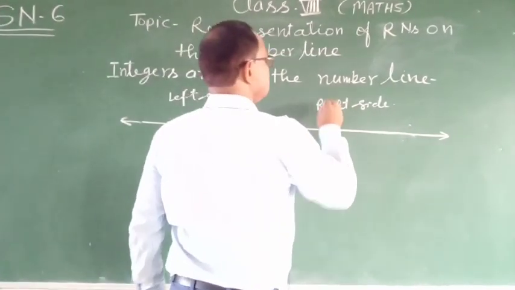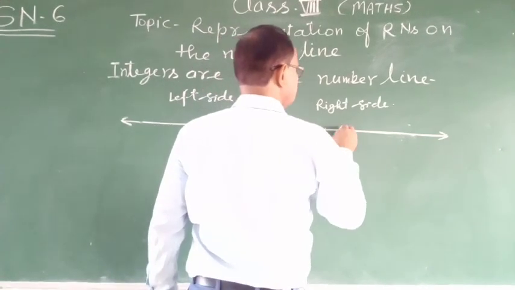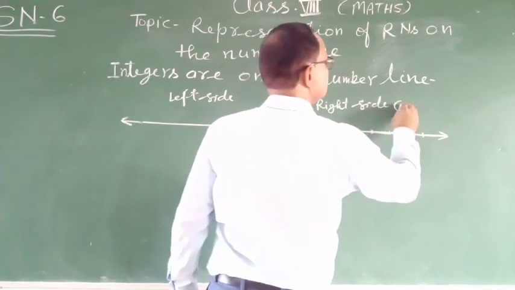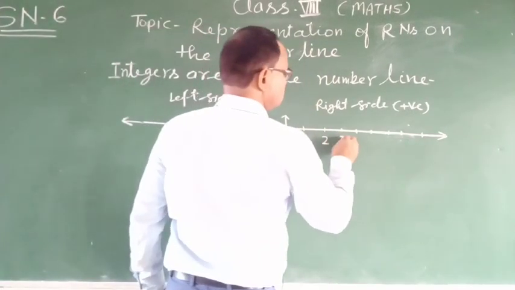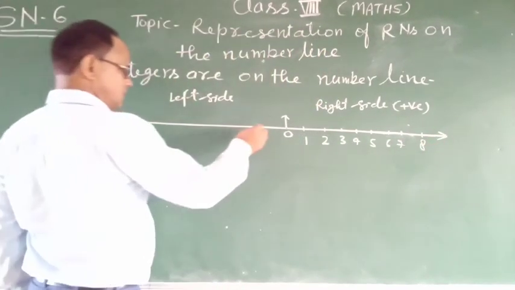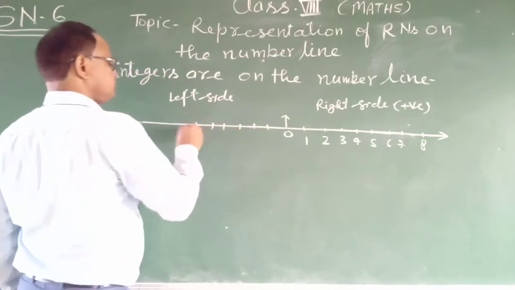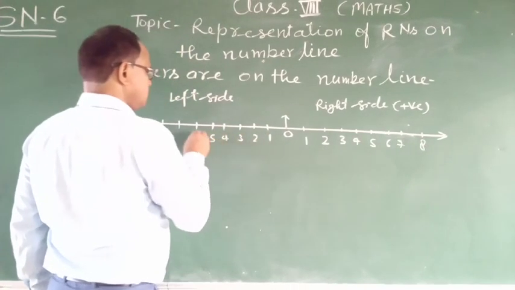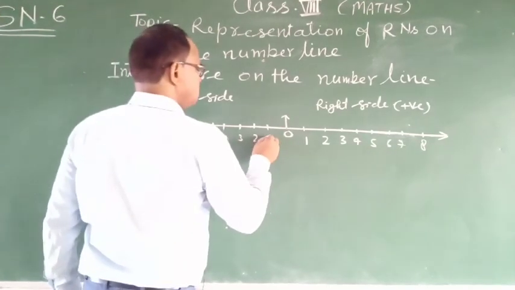Here we write numbers on the right side as 1, 2, 3, 4, 5, 6, 7, 8, the positive case. And here on the left side we write 2, 3, 4, 5, 6, 7, 8, 9, with a minus sign.